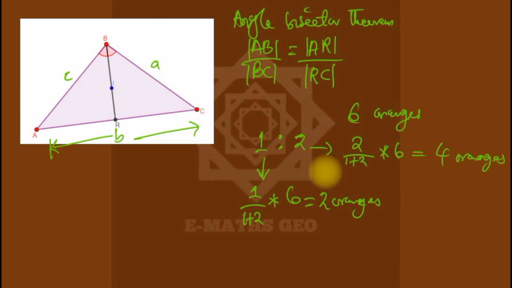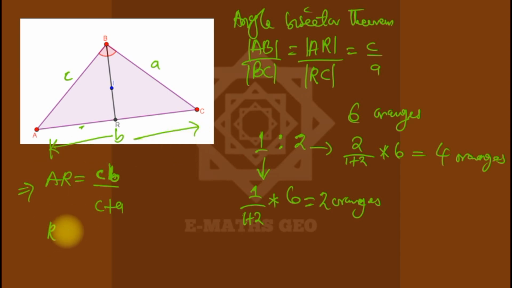So to get the actual length, AR is C over C plus A times B, which is the total length, because they have the same ratio.